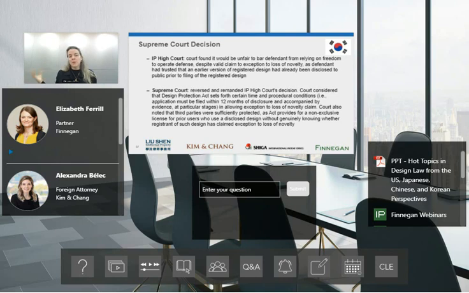Basically, they have no idea that there was another party that was creating and was about to file a design registration for a similar design. So in essence, the court found that the interests of both parties, the design registrant that can claim the exception of loss of novelty, and the third party, were sufficiently protected as the law is currently written. So this is it for my presentation.